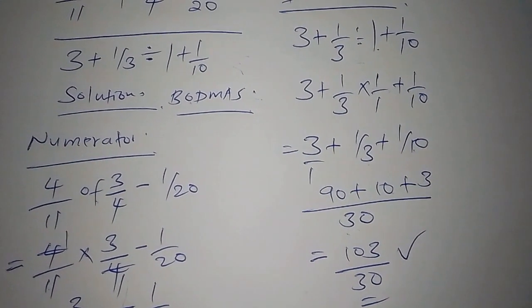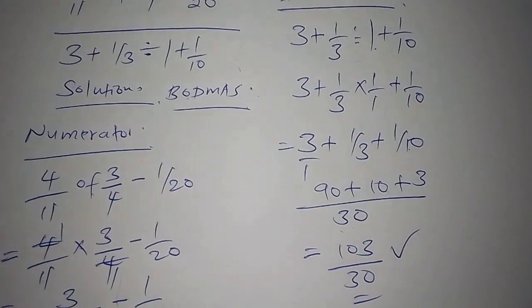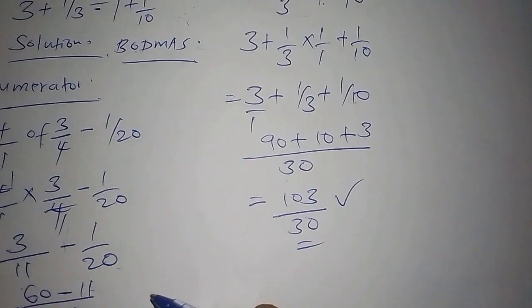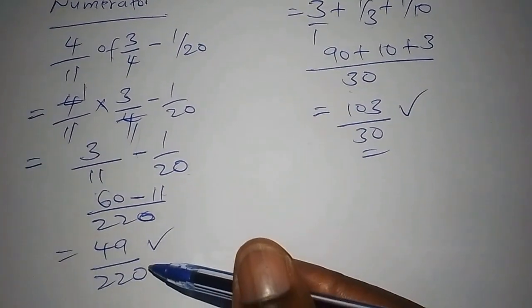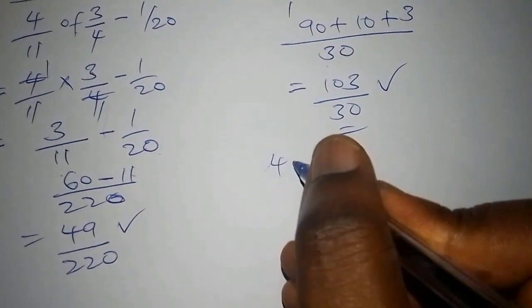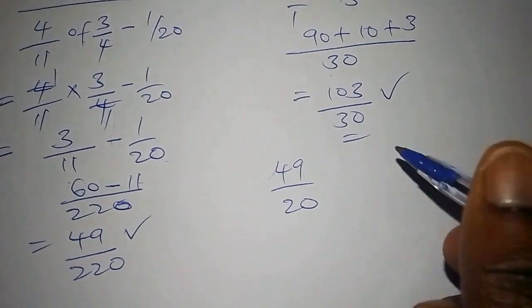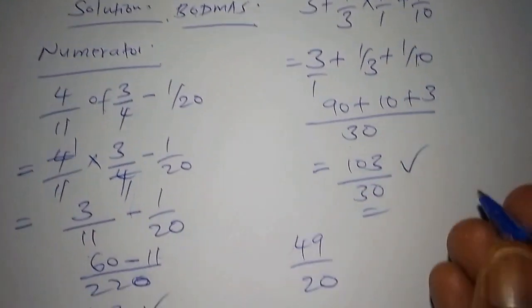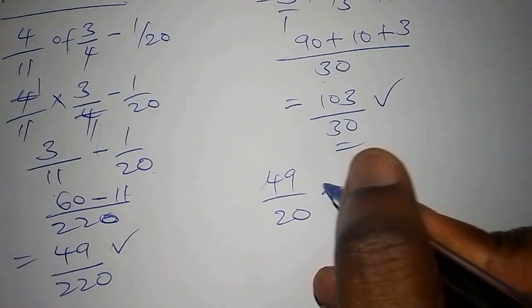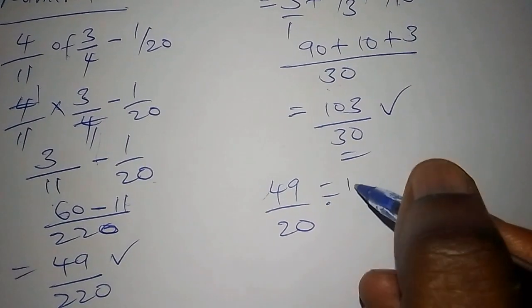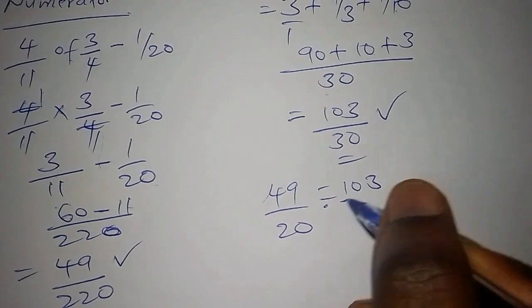As you wind up the entire problem, our numerator was 49 out of 220, so we indicate it here, 49 out of 220. Of here means you divide by the answer that we got here, 103 out of 30.